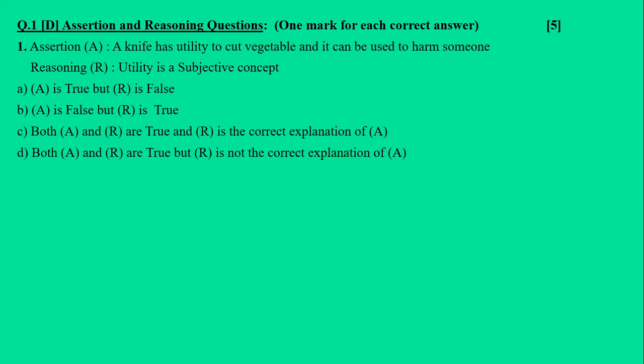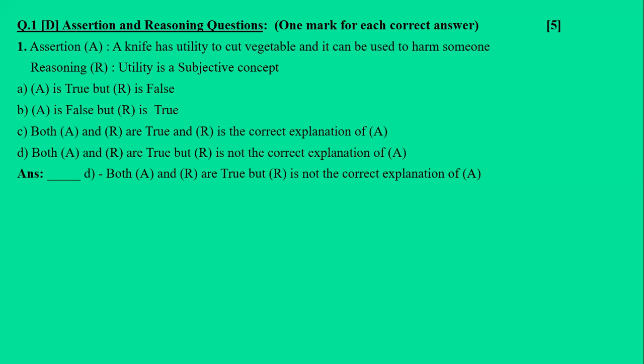B, A is false, but R is true. C, both A and R are true, and R is the correct explanation of A. And D, both A and R are true, but R is not the correct explanation of A. And what is the answer? Perfect answer: option D, both A and R are true, but R is not the correct explanation of A.